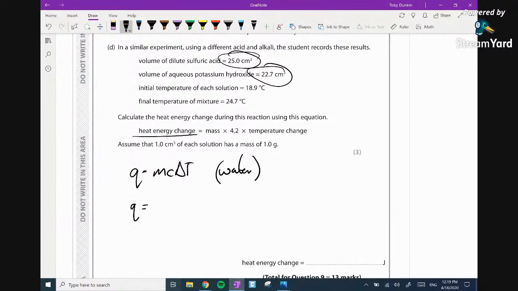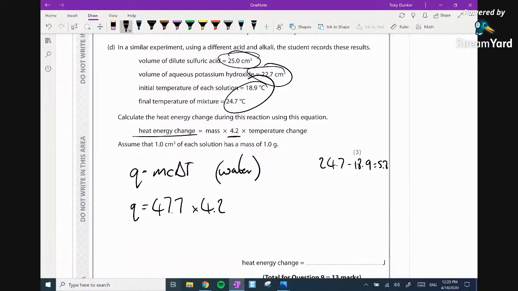So we've got 25 plus 22.7. I get 47.7, times by 4.2, times by the temperature change, given before and after. So we've got 24.7 minus 18.9, which gives me 5.8.